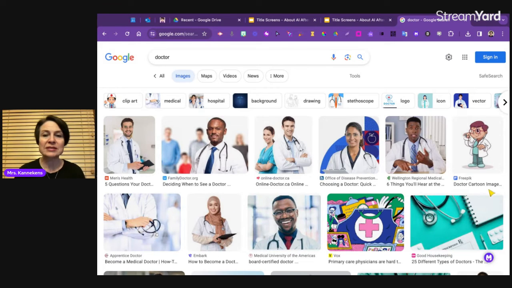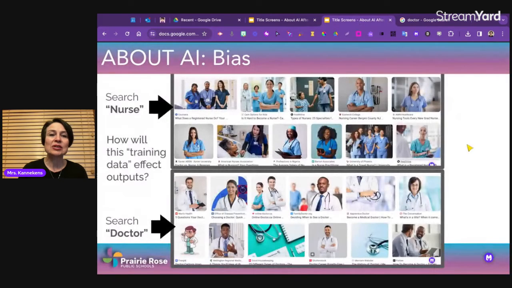All the rest are men. And so when you ask AI to write a story about a doctor and a nurse, you might have heard this output before. The AI will almost always make the doctor the male and the nurse will be a female, just because that is what it's trained on. And that is a good example of what bias looks like.